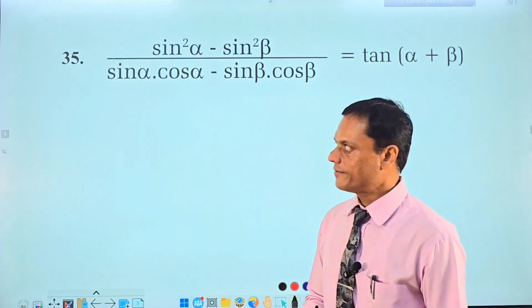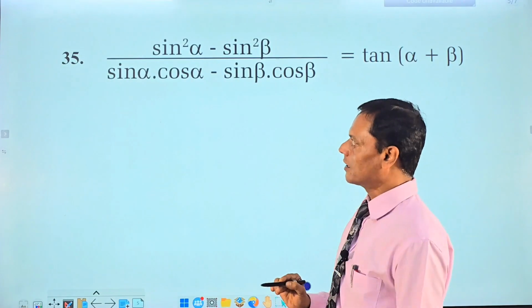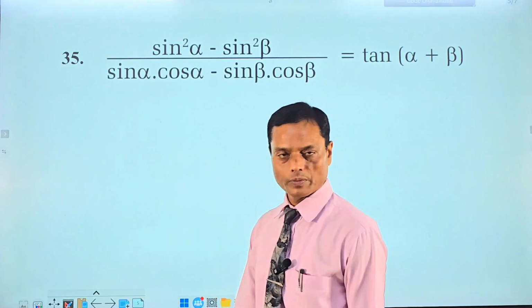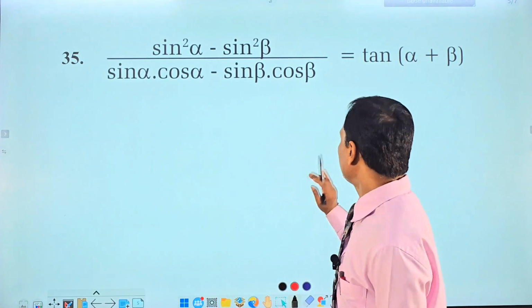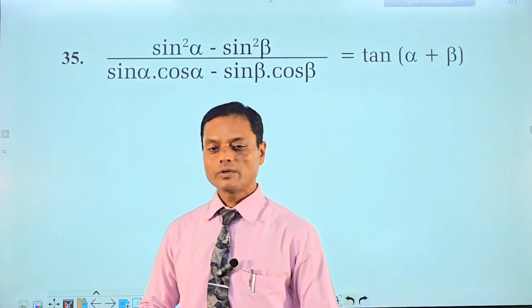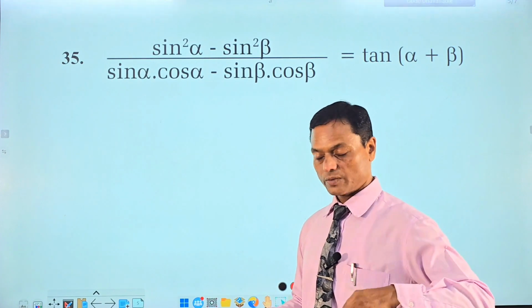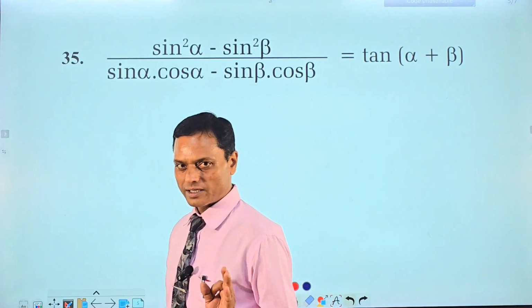Identity number 35: sin square alpha minus sin square beta over sin alpha dot cos alpha minus sin beta dot cos beta equals tan alpha plus beta. With respect to this chapter, multiple angle, we have to choose right hand side only. But it can be solved by choosing left hand side, though some other formula can be applied then.